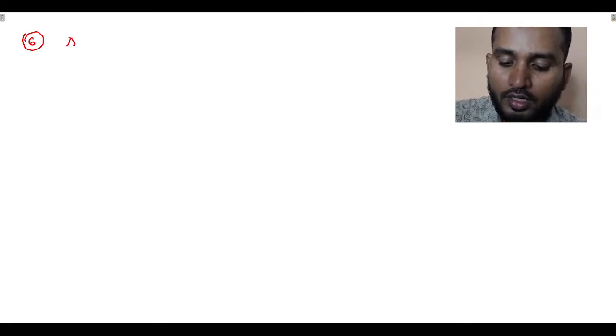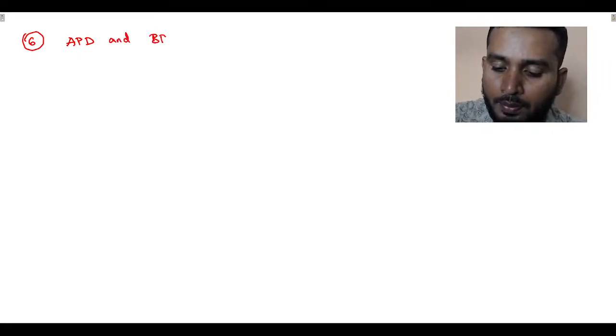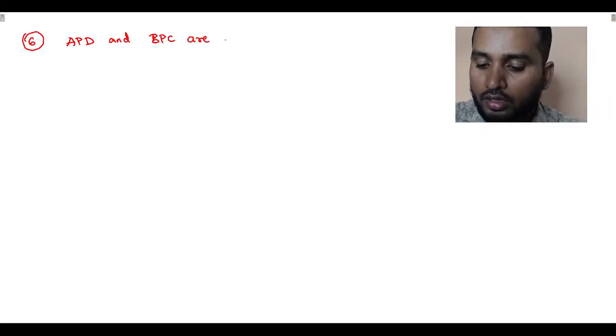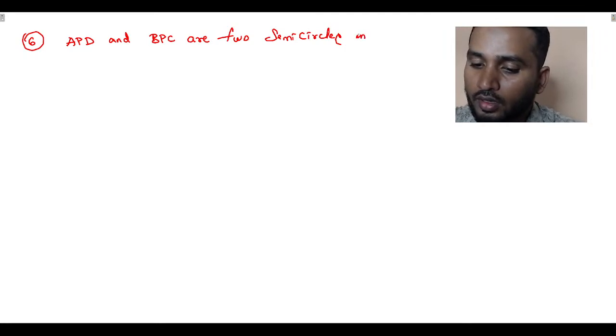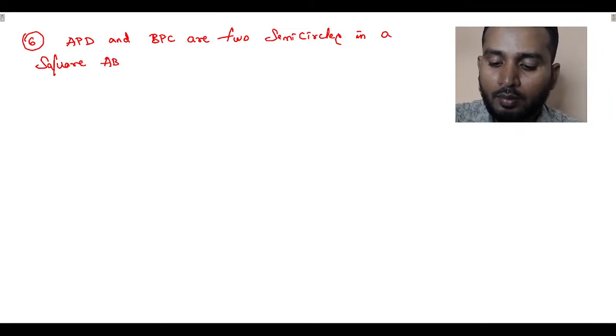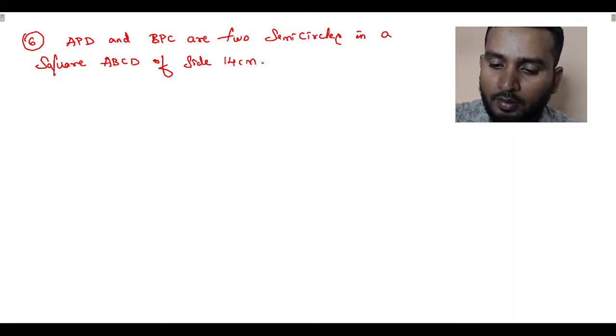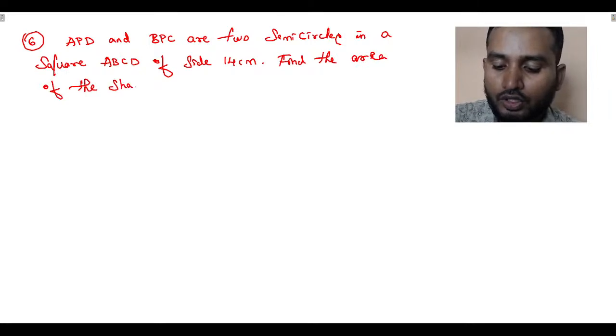Take down: APD and BPC are two semicircles in a square ABCD of side 14 centimeter. Find the area of the shaded region.